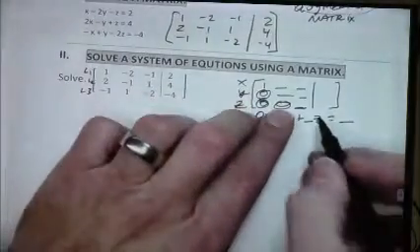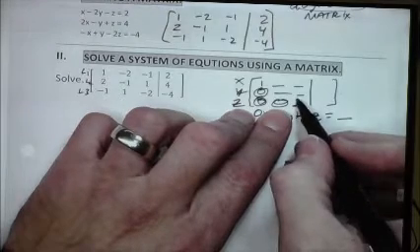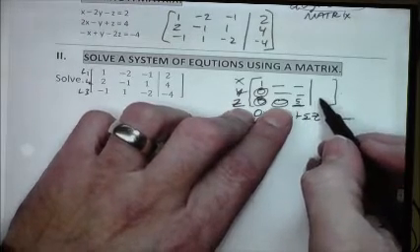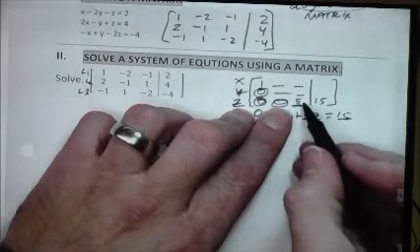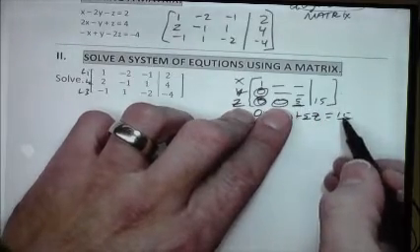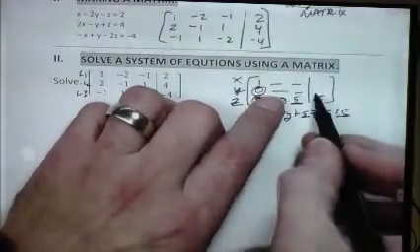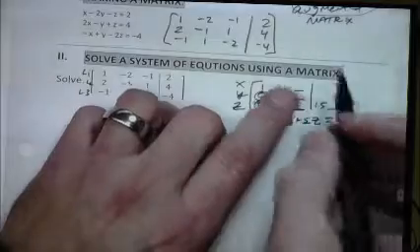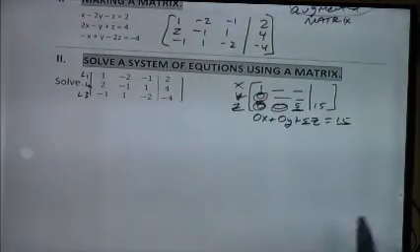If these are zeros, you can now figure out what z is. Let's say that this was a 5. Let's pretend that was a 5, and that this was a 15. So you'd say 5z equals 15, divide by 5, and z is equal to 3. Then you would use it with this one to figure out what the y is. Then you would use both the z and the y to figure out what the x is. That's what we're going to do here.